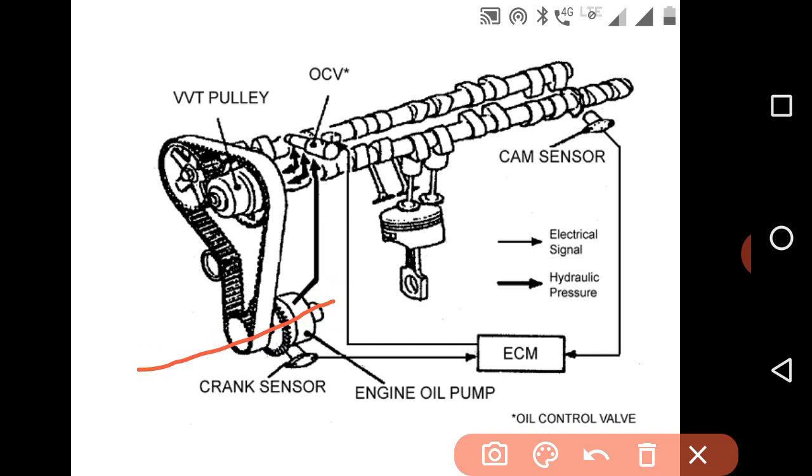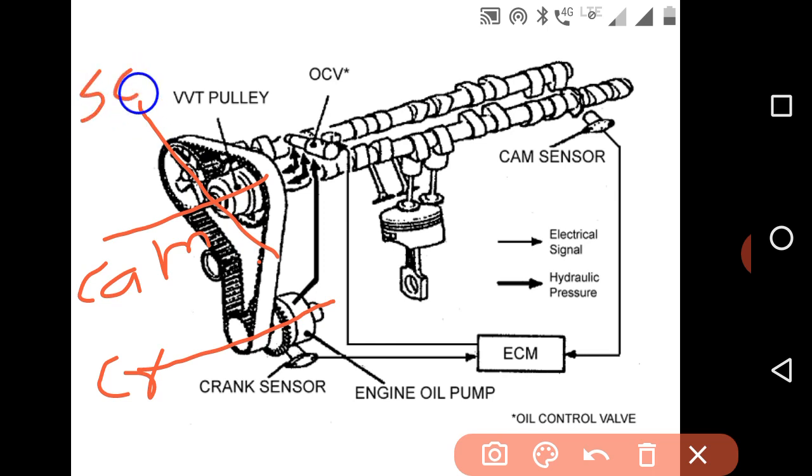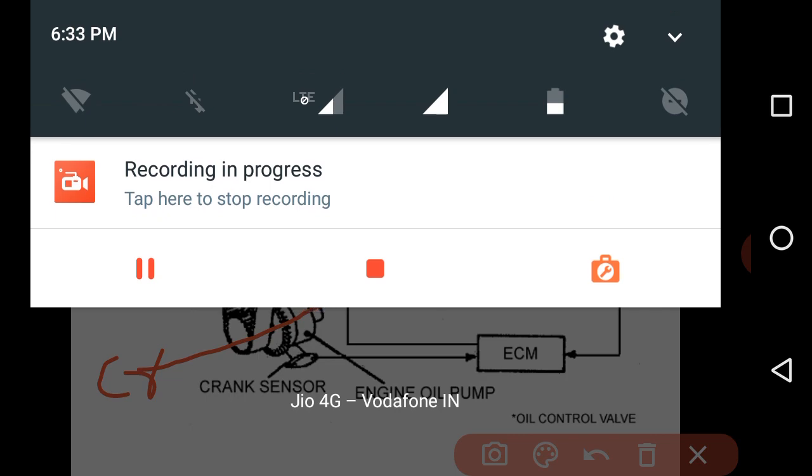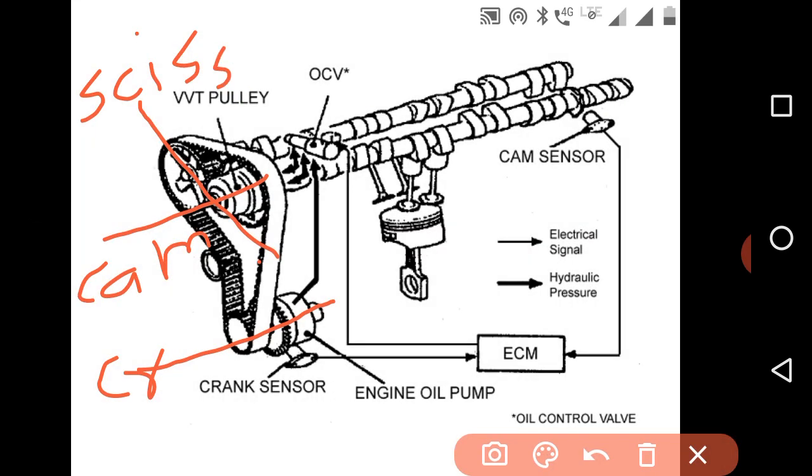This is the crank, so you can say this is the crankshaft, and this is the camshaft. Now between these two there is a scissor gear. So this is the scissor gear.